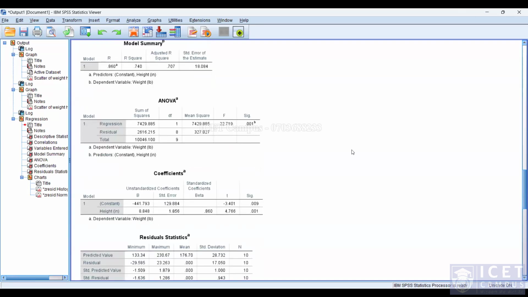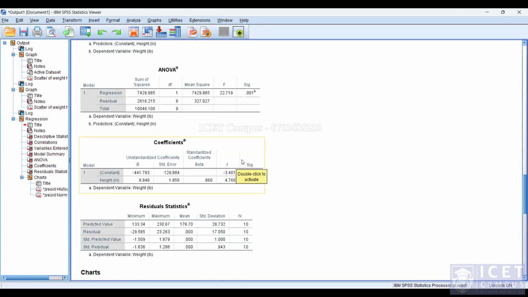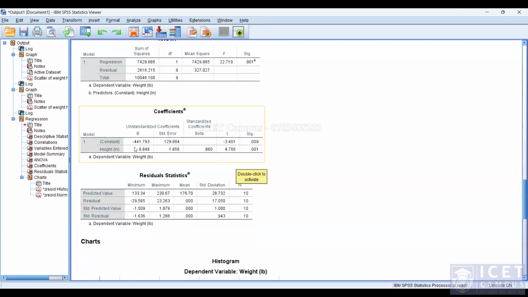Then ANOVA: a is the dependent variable, b is the predictors, right? Here the significance is 0.001, which is less than 0.05, so that means it is a good model. Then in the coefficients, you can see the constant value is negative 449, 1.793, and the gradient is 8.848.